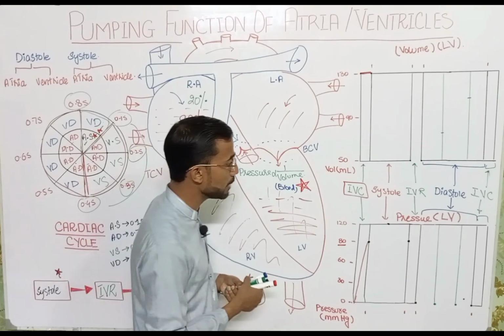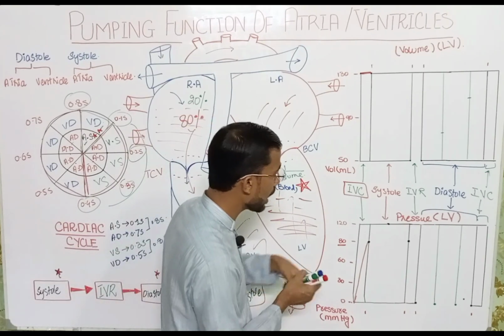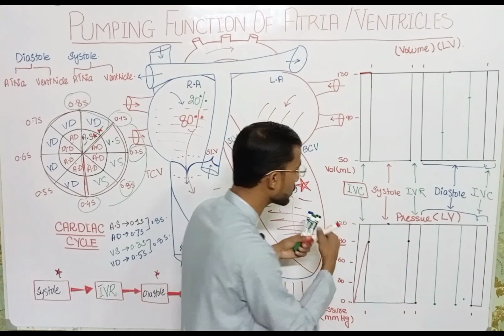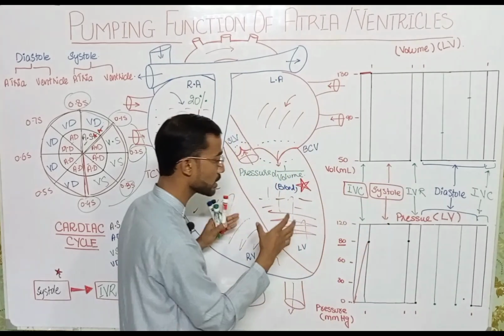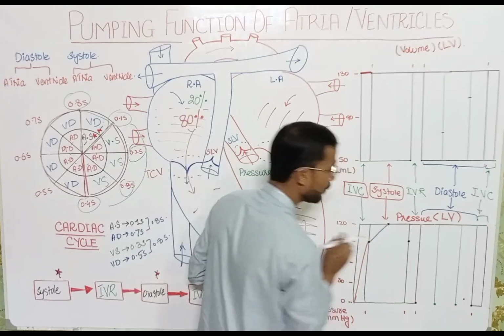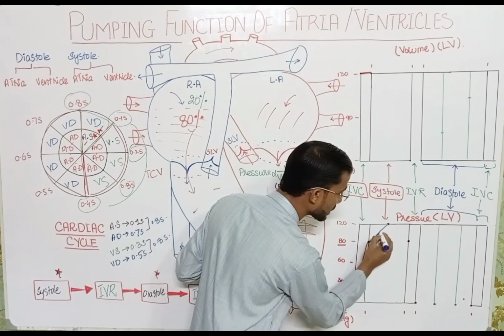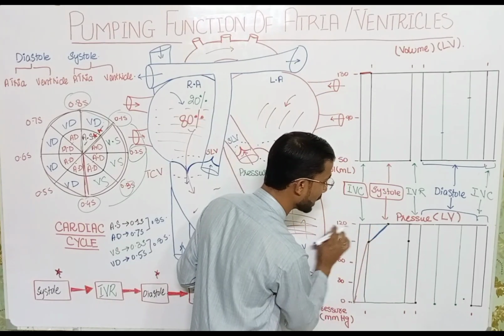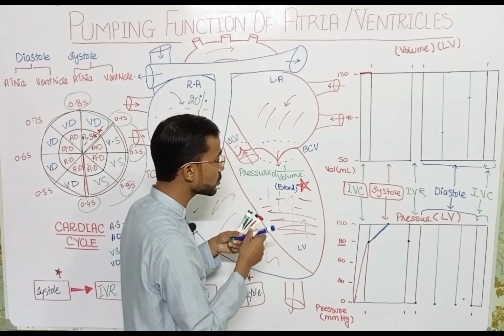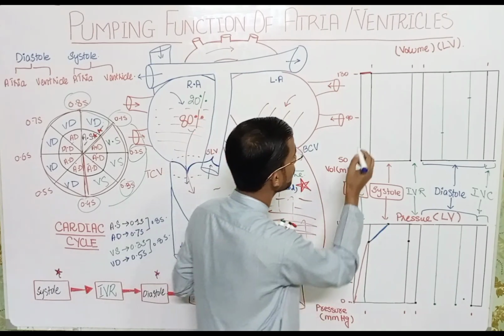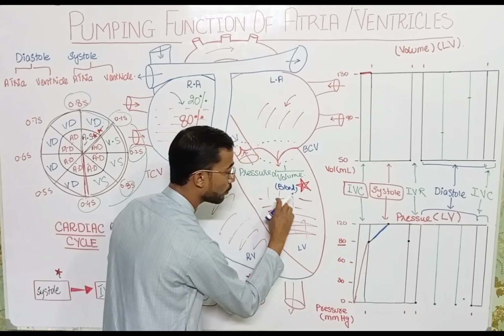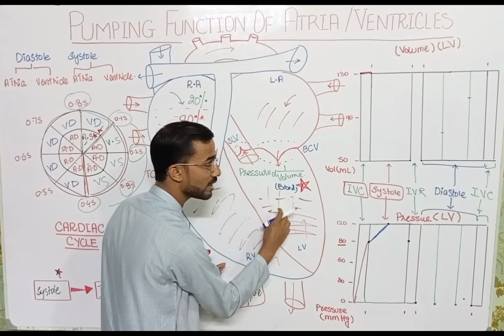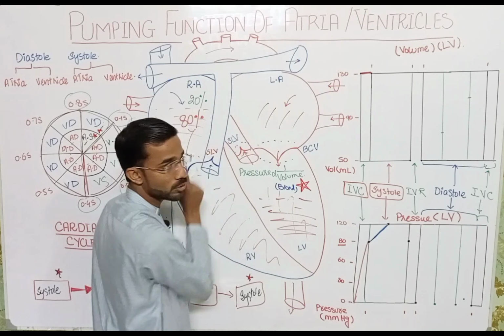Now the next state is systole, in which the heart starts to contract. If you see here, the pressure increases up to 120 millimeters of mercury. In that situation, if the pressure increases, then the volume of the blood in the ventricle will start decreasing by release into the aorta.